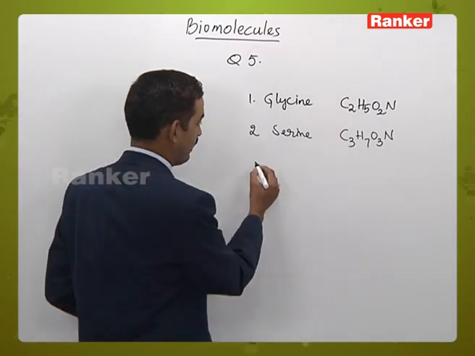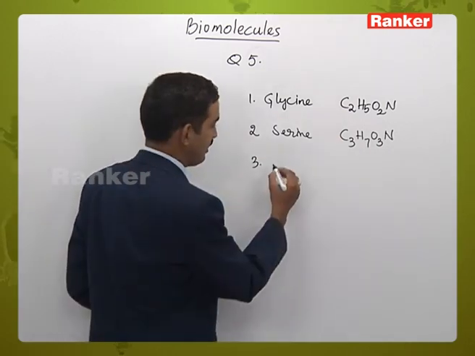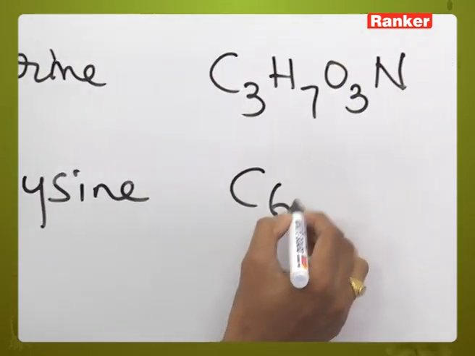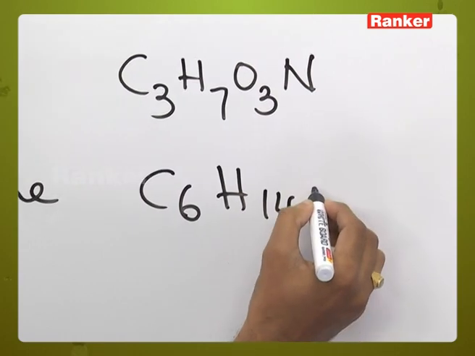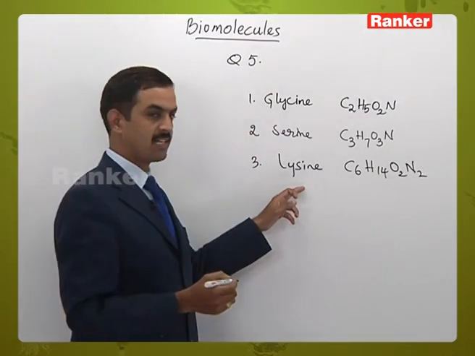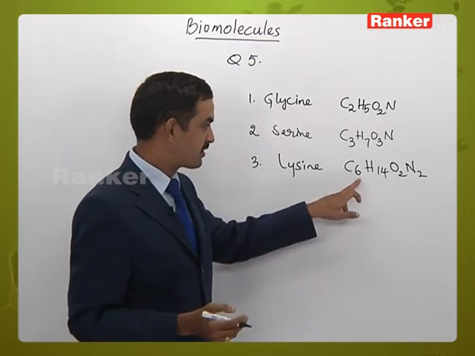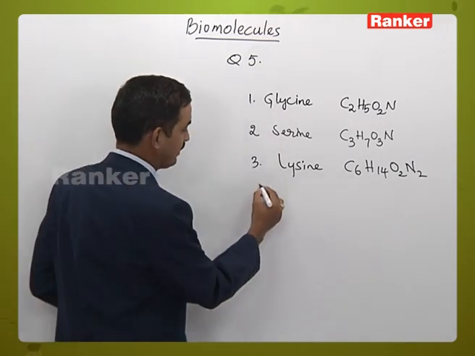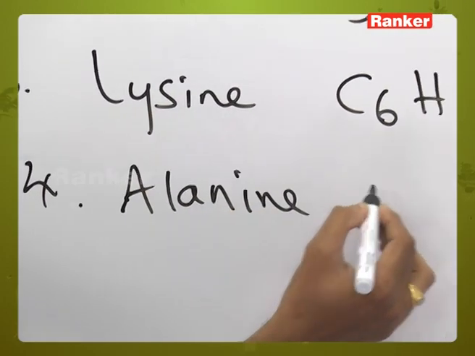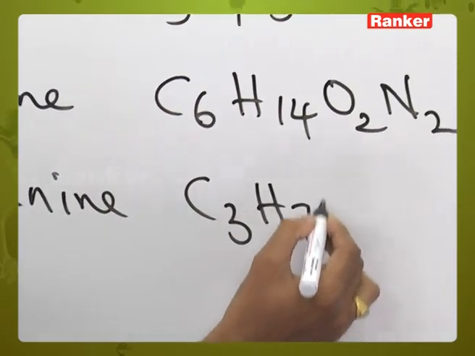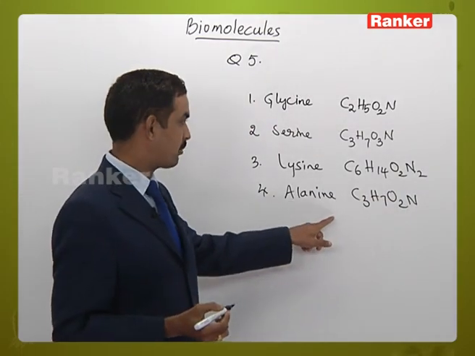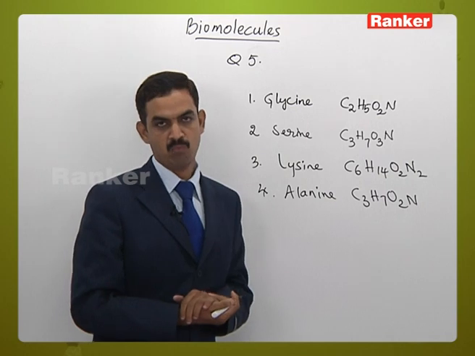The third one is lysine, C6H14O2N2. So this is an amino acid which contains 6 carbons in it. Then the fourth one is alanine, C3H7O2N. It also contains 3 carbons, as in serine.